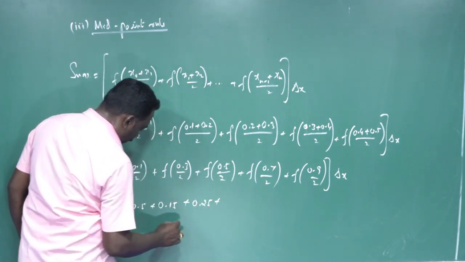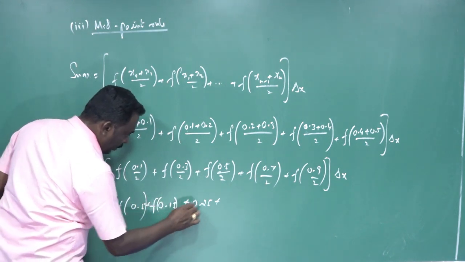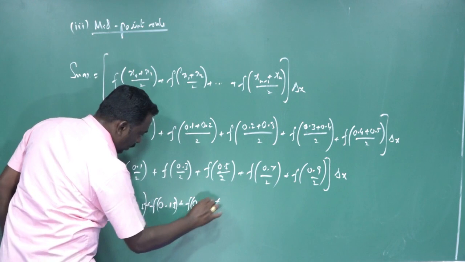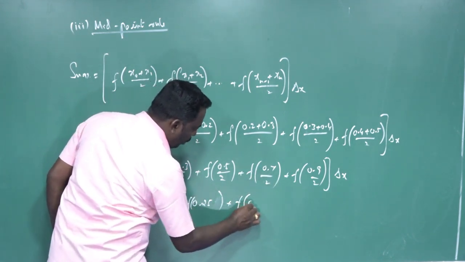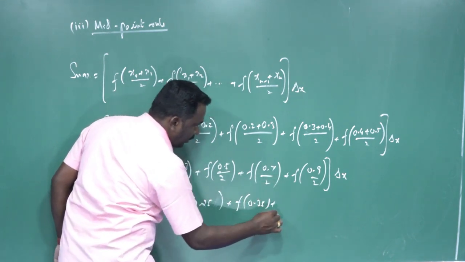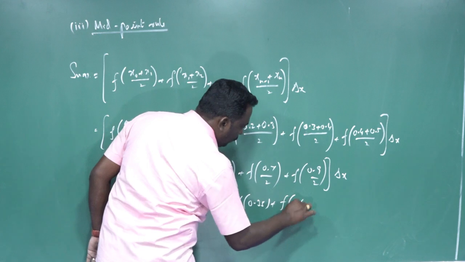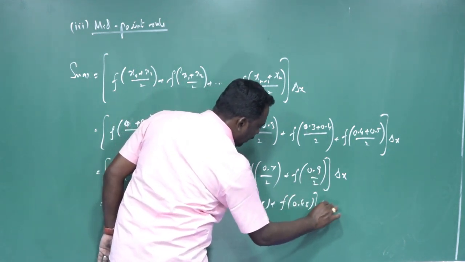Plus f of 0.35, plus f of 0.45, into delta x.